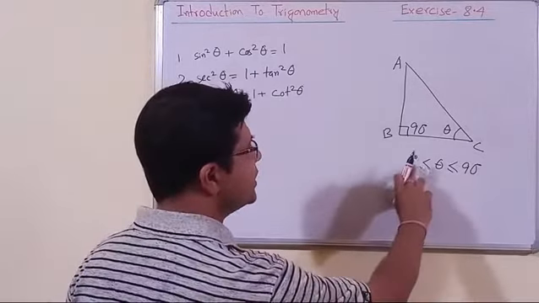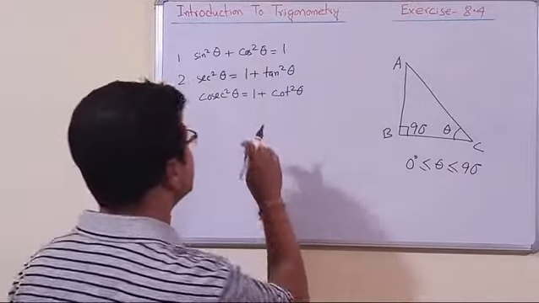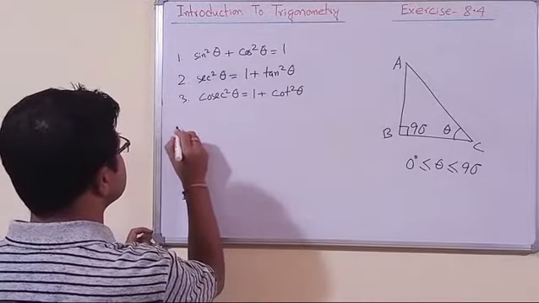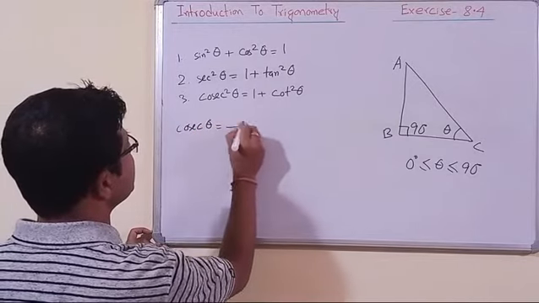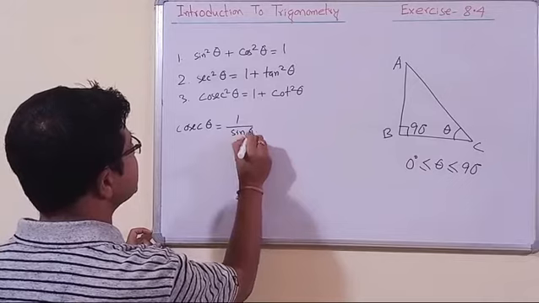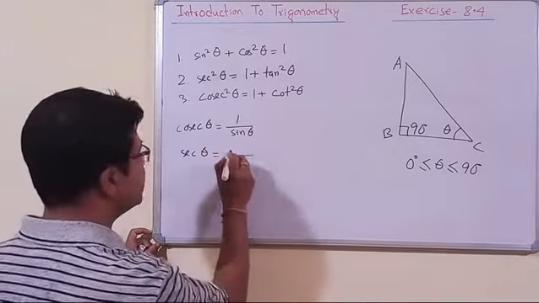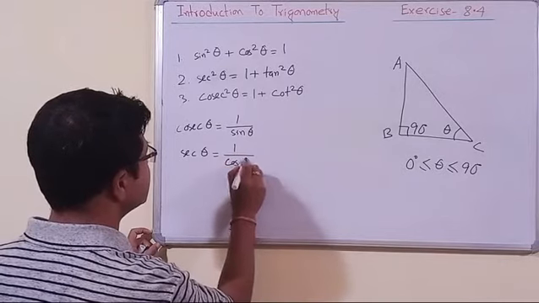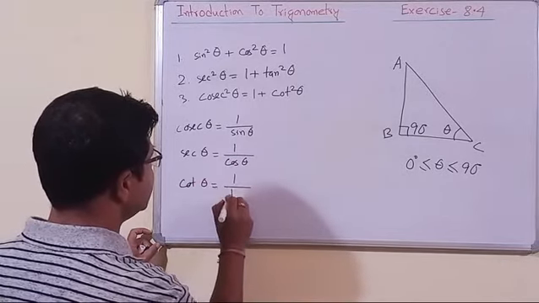Theta may be 0 degree or theta may be 90 degree. Apart from these three, earlier we got some relations: cosec theta is the reciprocal of sine theta, sec theta is the reciprocal of cos theta, cot theta is the reciprocal of tan theta.